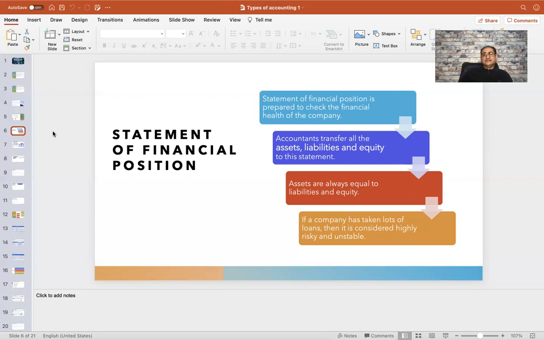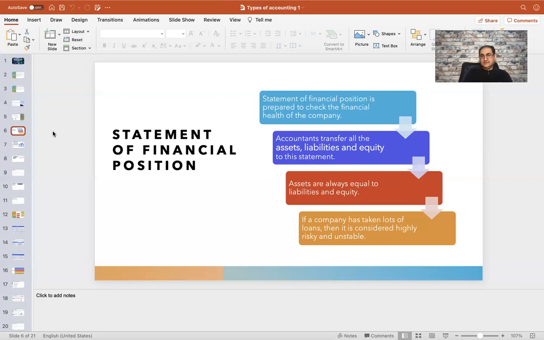So all the organizations are purchasing only those assets which are helpful for them to perform their operating activities. And examples of assets are cash, inventories, motor vans, building, plant, equipment, all of them are assets.